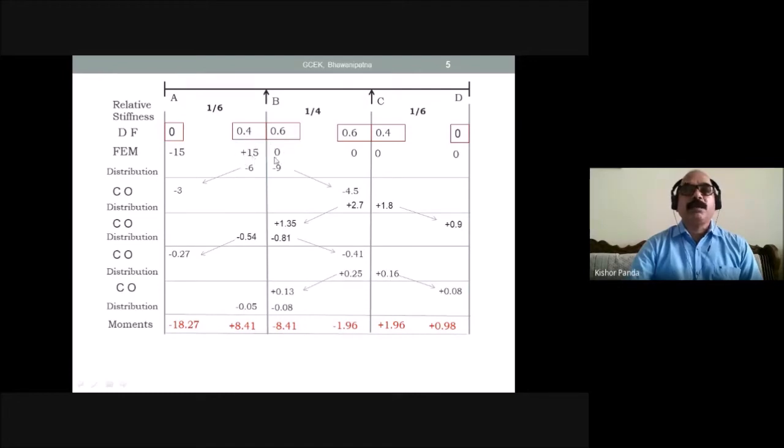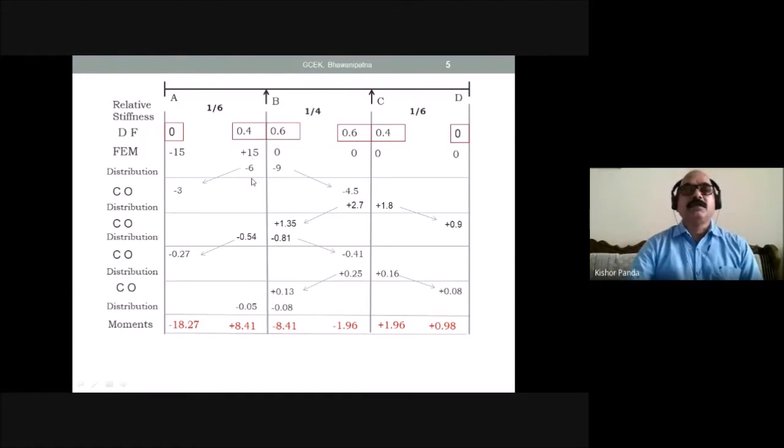This is plus 15 and this is 0, so the total moment at joint B is 15, and you have to distribute this moment to BA and BC by multiplying with the corresponding distribution factor. So 15 into 0.4, the moment you get is 6, and you have to put it in opposite sign. Always in balancing or distribution, when you balance the unbalanced moment, you have to put it in opposite sign.